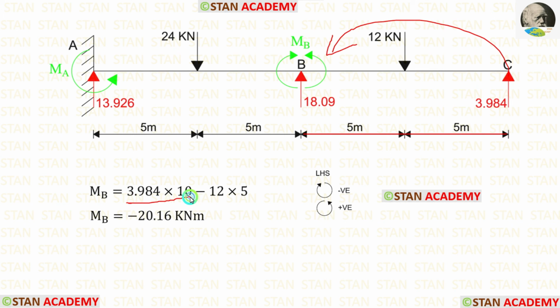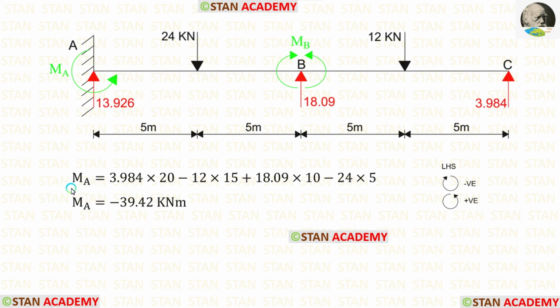So RC into 10. The point load is acting in the clockwise direction, so it will be negative and the distance is 5. So minus 12 into 5. Finally, we are getting MB, which is equal to minus 20.16 kilonewton meter.